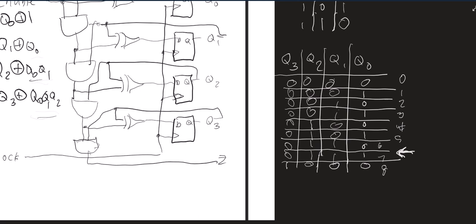And then in line 7, you've got all 1s. You want to then change the Q3 to 1 at that time.